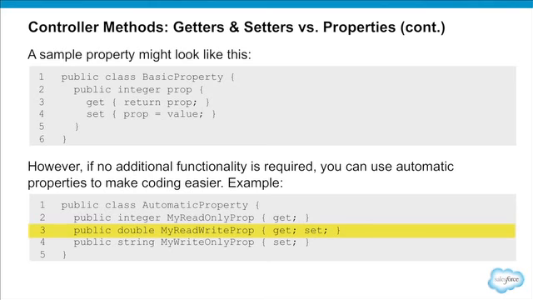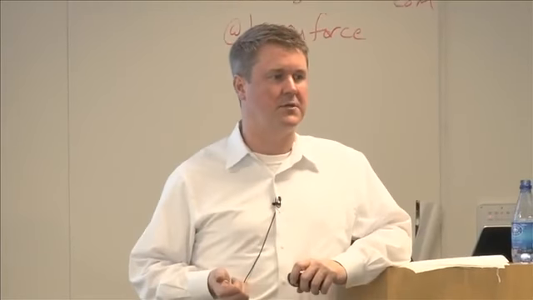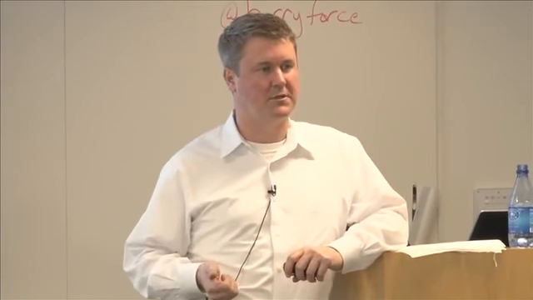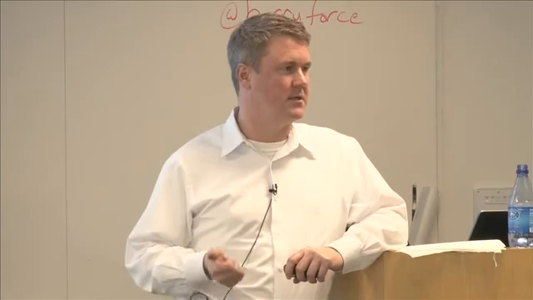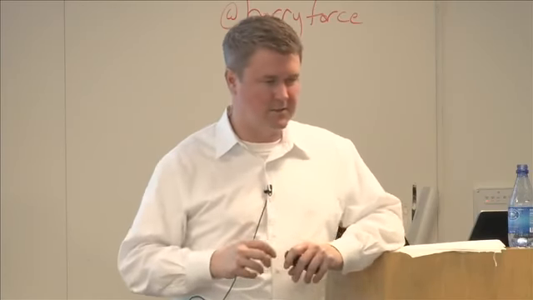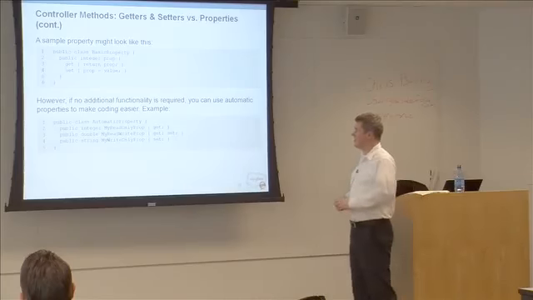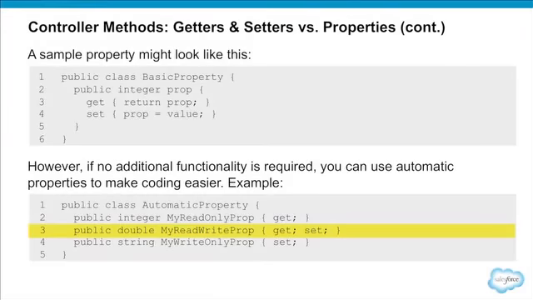A property is a little bit confusing if you haven't seen them before, because it's almost like a class definition, almost like a variable definition, and yet it has method bodies. So it's kind of a weird looking thing. But if we take a look at line 3, public double, we have a data type associated with this.